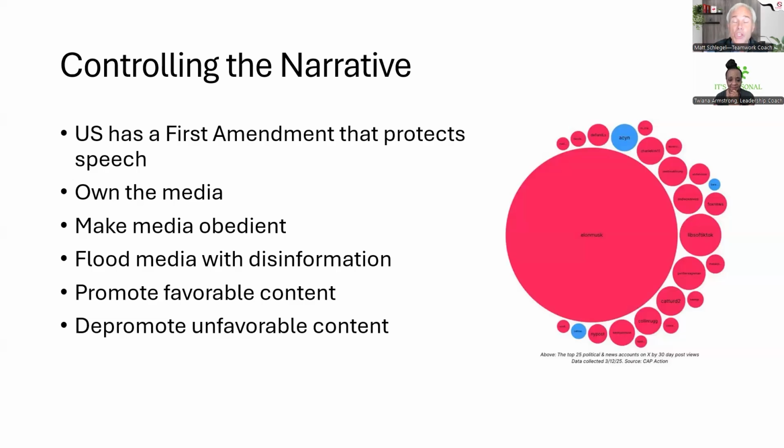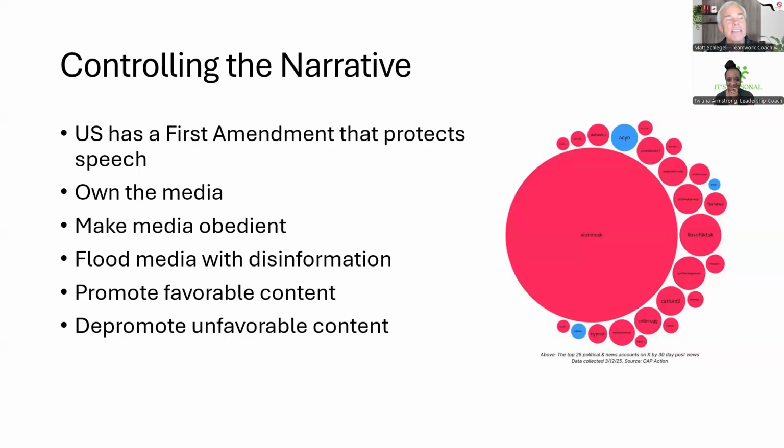Here are some of the things that we see now: people who have accumulated vast amounts of wealth are buying up media companies to control the narrative. Elon Musk bought X, Jeff Bezos bought the Washington Post. So you're seeing these people who have developed vast amounts of wealth based on that meritocratic orange system now going in and buying up media companies to be able to control the narrative and define what is fair and what is not fair.